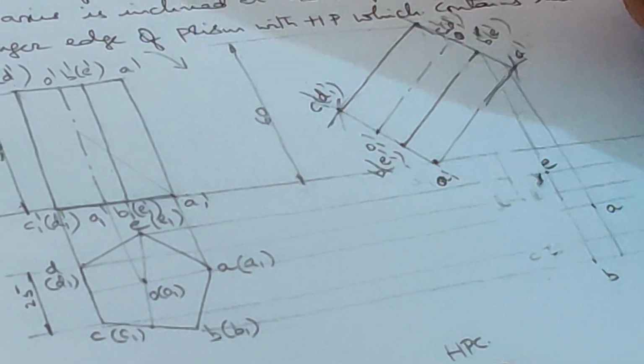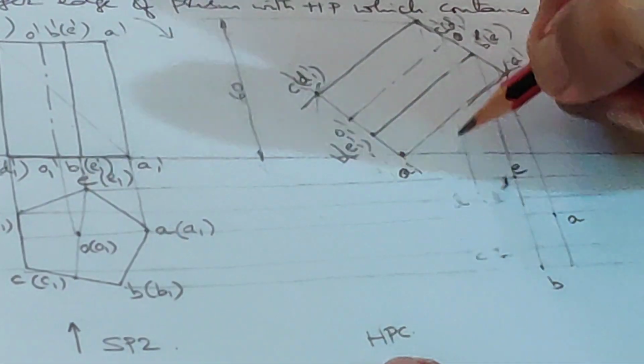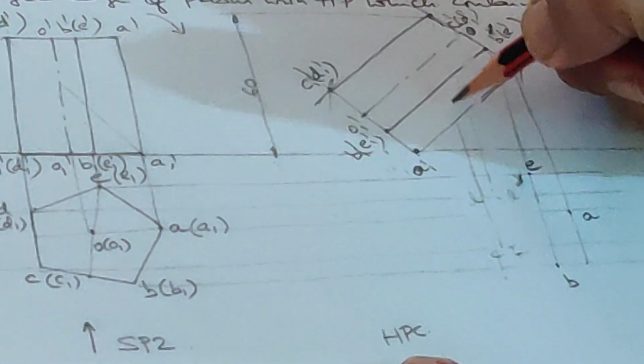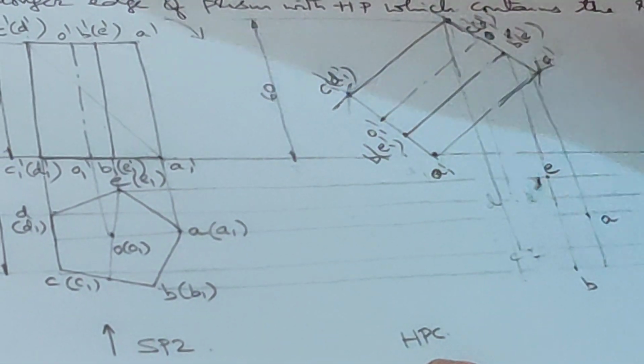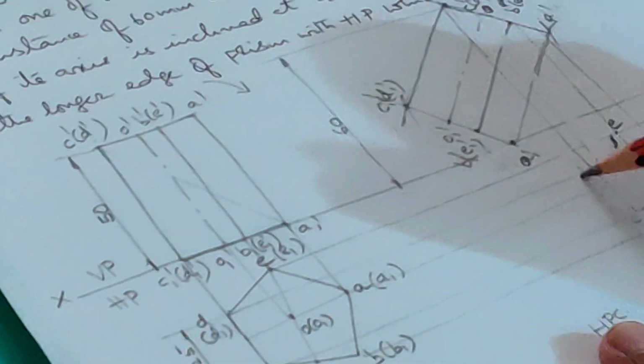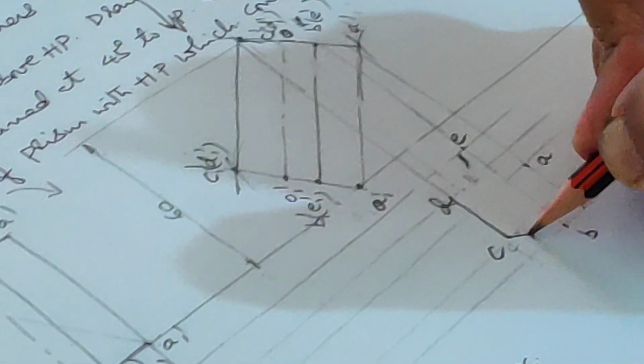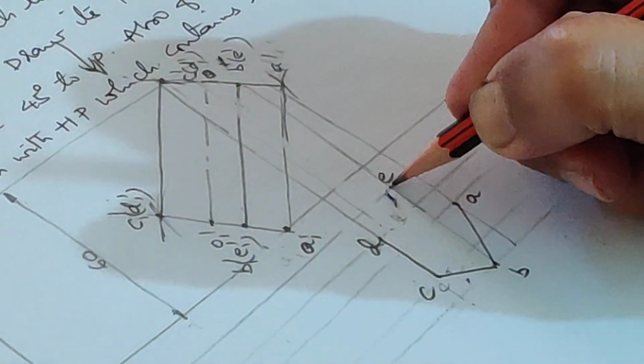This is axis, CD is here. This is D, this is C. Connect them, all the 5 points, using solid lines.